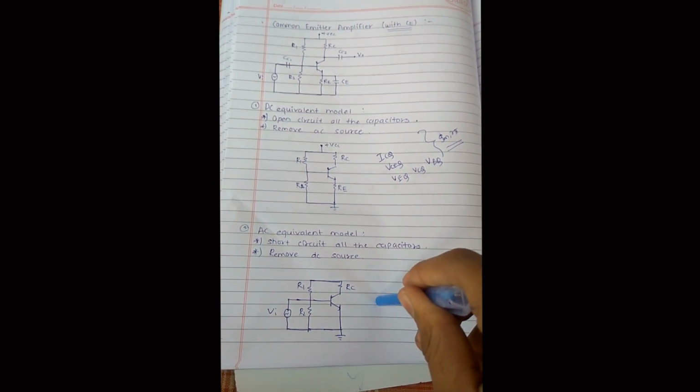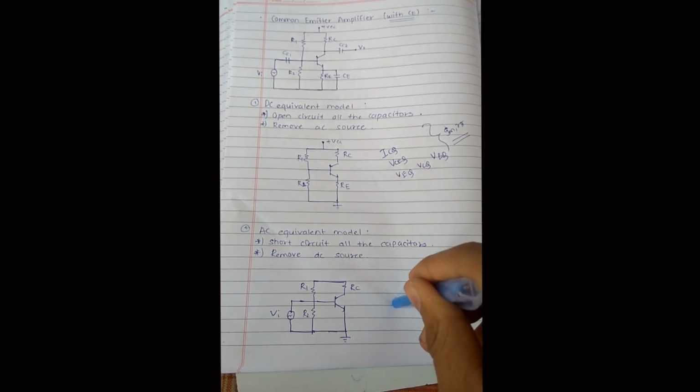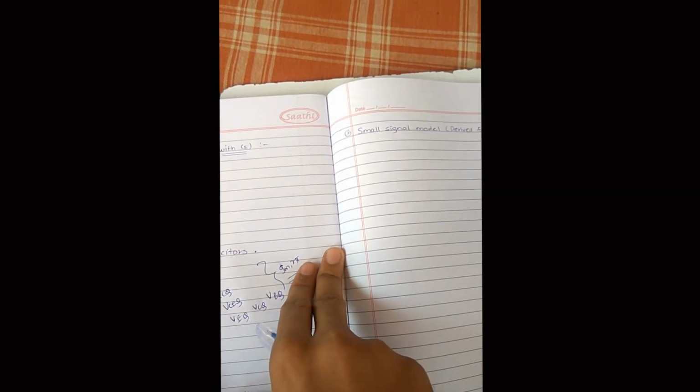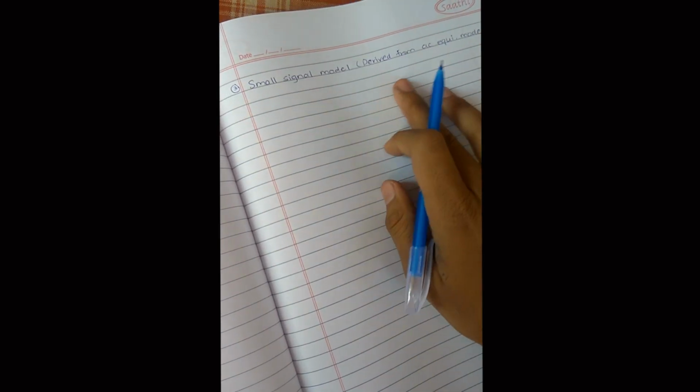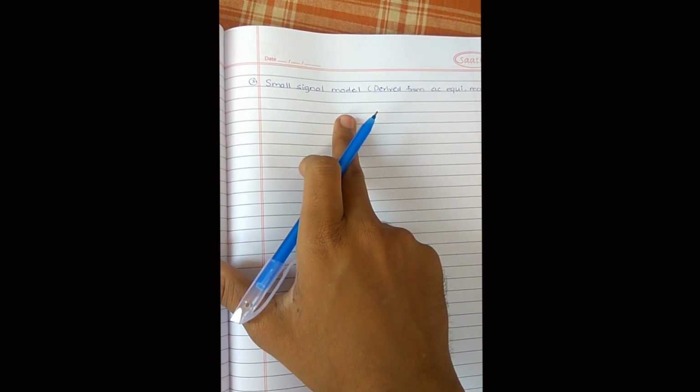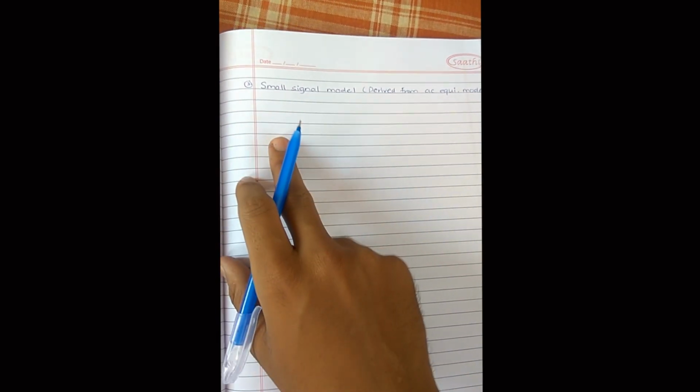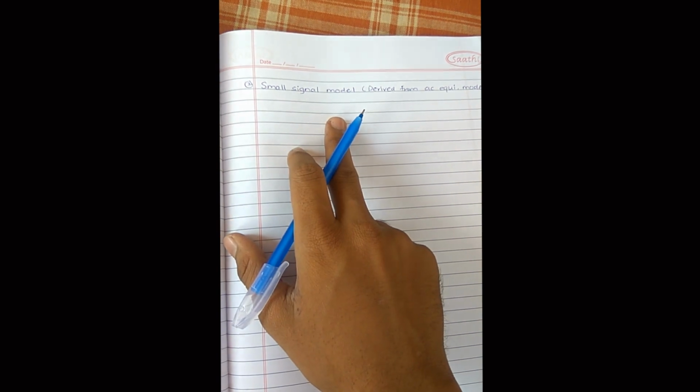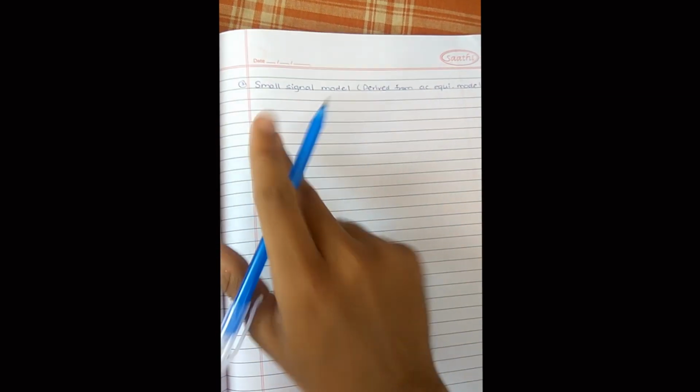So now we will be studying how the small signal model is drawn. I'll be drawing the small signal model, which is derived from the AC equivalent model. In the small signal model also no DC source will exist, only the AC source will exist, and the capacitors will not exist, that is, they are short circuited.